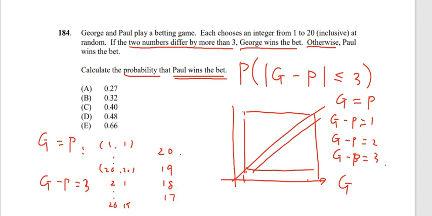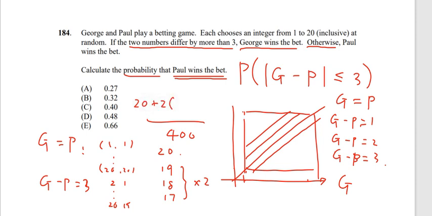Here we should multiply by 2 because the absolute value of G minus P equals 1 can go either direction. So in total it is 400: G can be 20 ways, P can be 20 ways. So the favorable count is 20 plus 2 times 19 plus 18 plus 17.